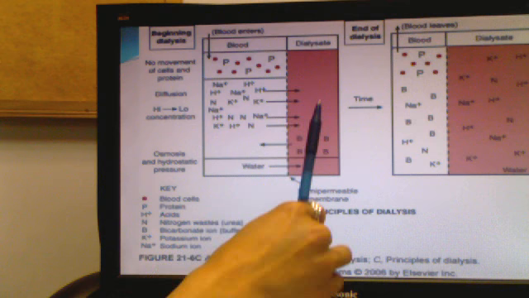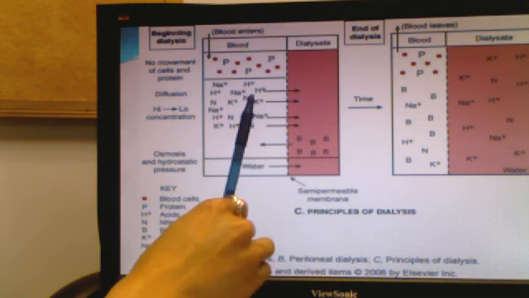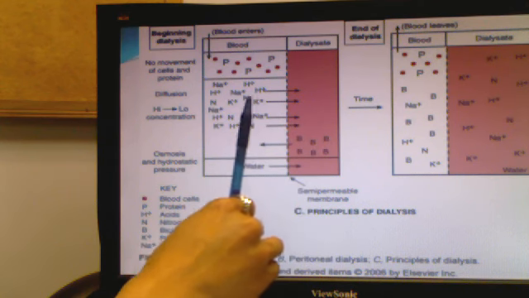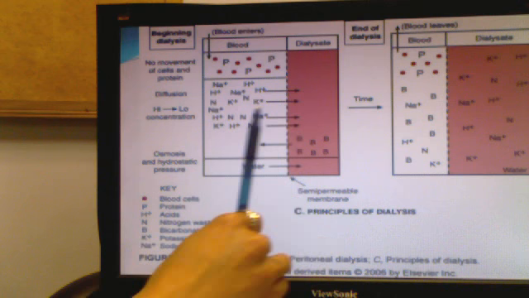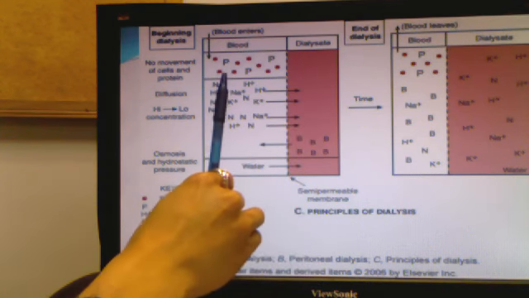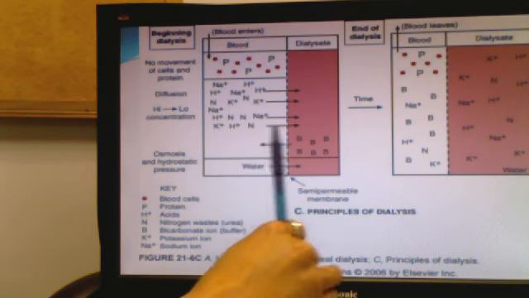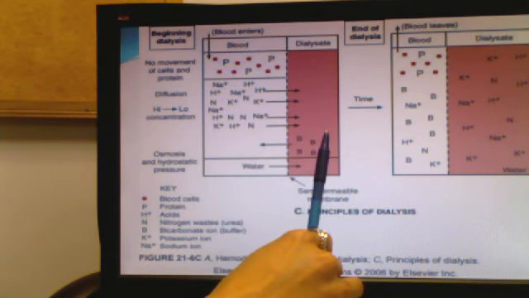So this dialysate, because it has low hydrogen, low potassium, low nitrogenous waste, automatically by diffusion, these substances will move towards the dialysate. Okay? The red blood cells will remain in the blood, of course, but anything else that is in excess here will move towards the dialysate.